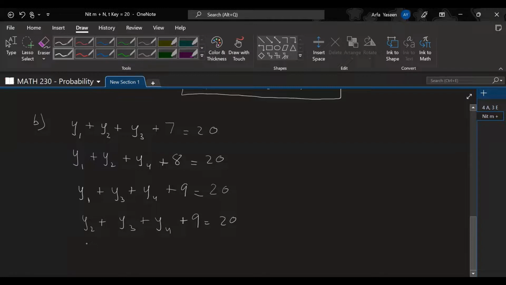Since it says we have to invest in at least 3 opportunities, that also means we consider where we invest in all 4 opportunities, right?